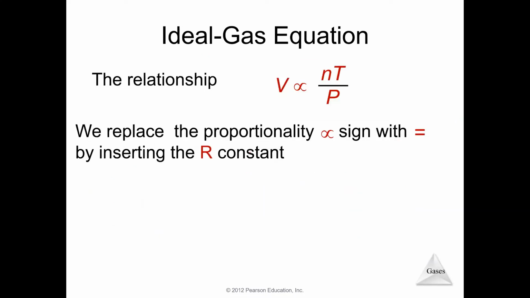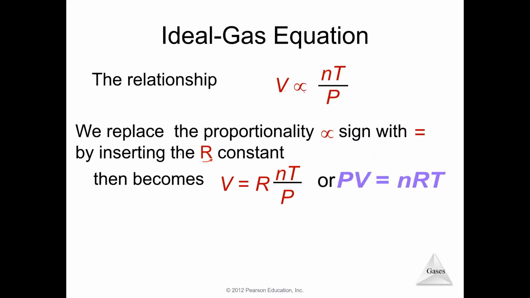Now, since you know the constant, to go from proportionality to equation, we introduce the R constant here. So that formula becomes that. And if we rearrange everything, we come up with what? PV equals nRT, which is the ideal gas law.